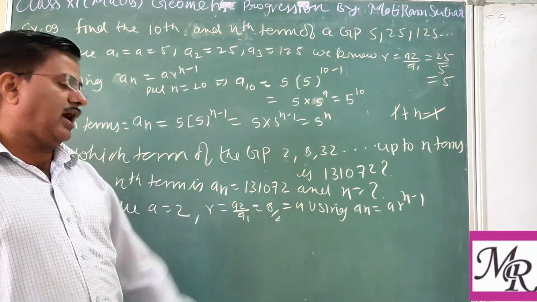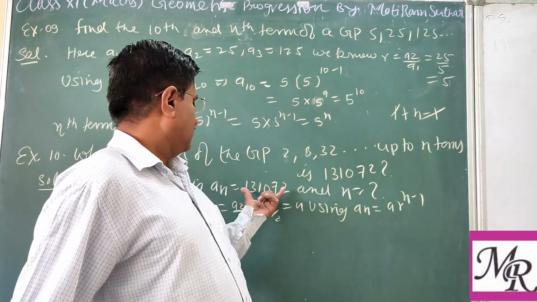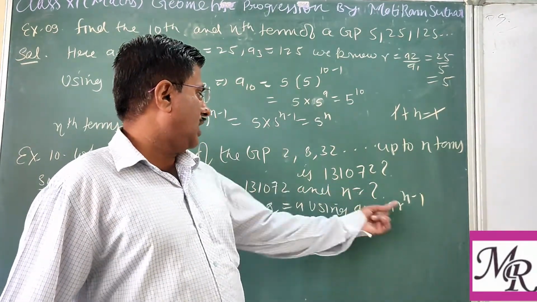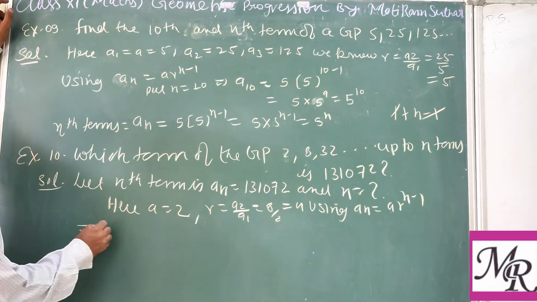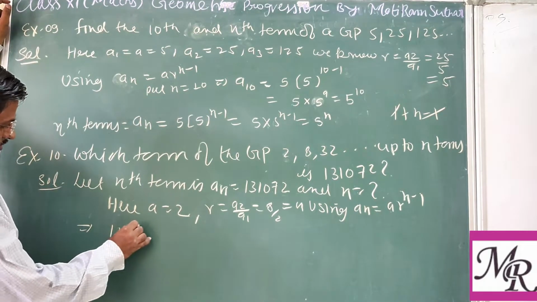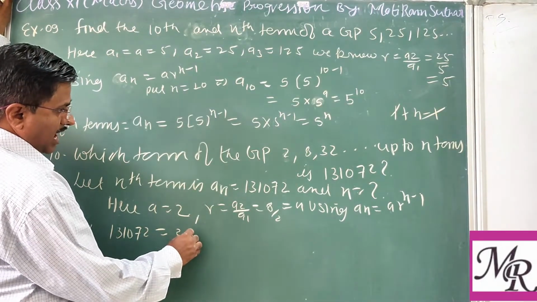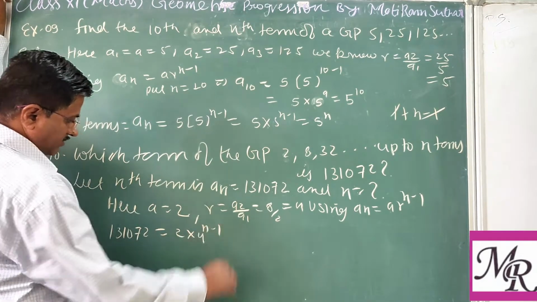A is given, R is given, An is given: 131072. A is 2, R is 4. So putting all these values, An is 131072, A is 2, R is 4 power n minus 1.